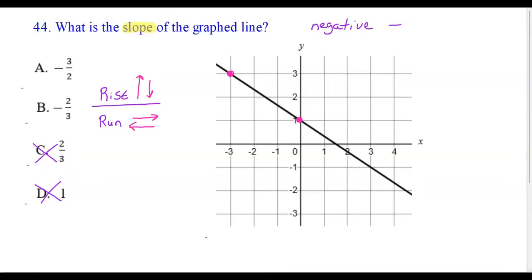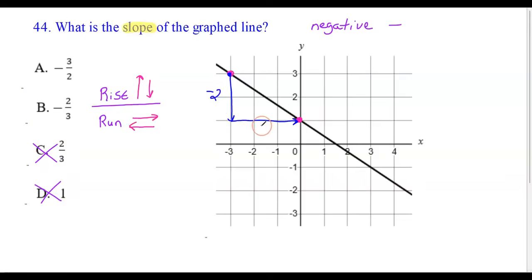So watch how this works. I'm going to start here at my farthest left point, and I'm going to move down right here because I want it to line up with this point over here. So I move down 2, 1, 2, so that's -2. And then from here, I got to move across until I hit this point right here, which is 1, 2, 3.